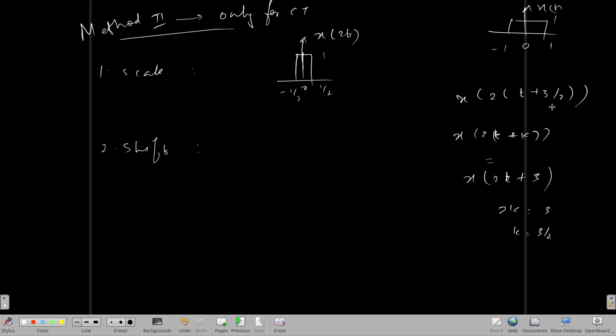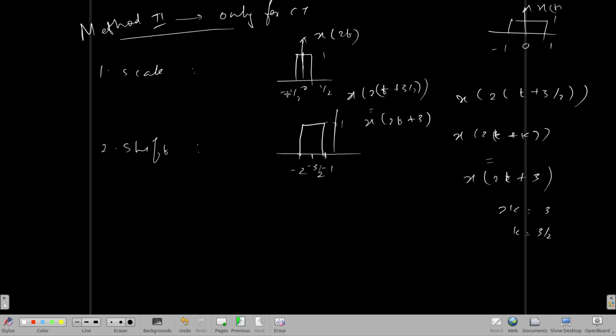Okay, you have to shift by 3 by 2, and you are shifting 3 by 2 to the left. So 1 by 2 minus 3 by 2 is minus 1, right? It is minus 1, and minus 1 by 2 minus 3 by 2 is minus 2, and this is minus 3 by 2. 1, this is x of 2t plus 3 by 2, which is equal to x of 2t plus 3.